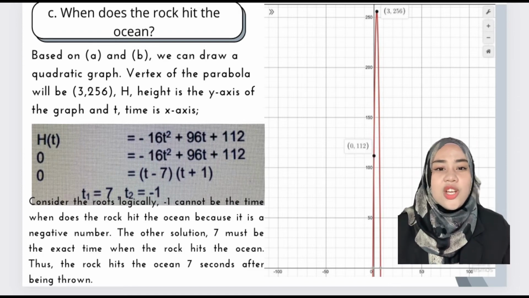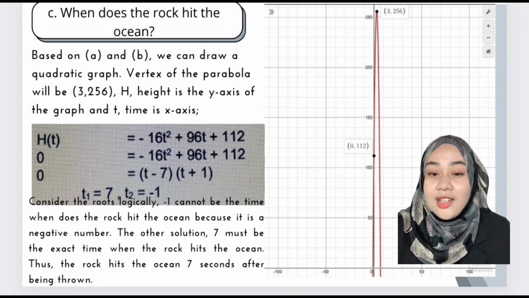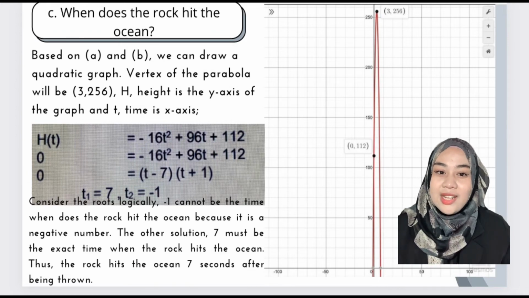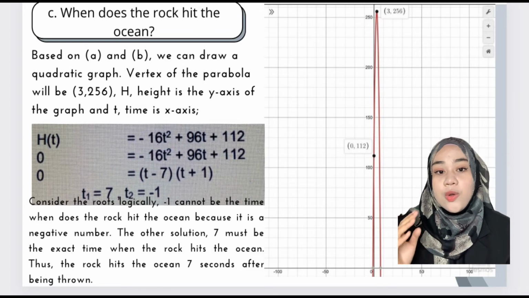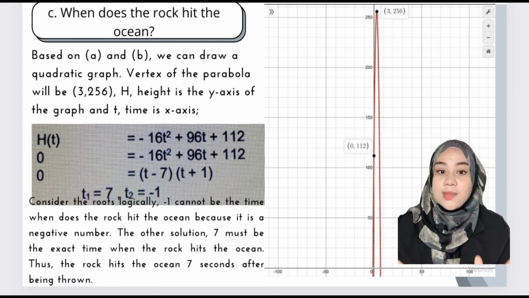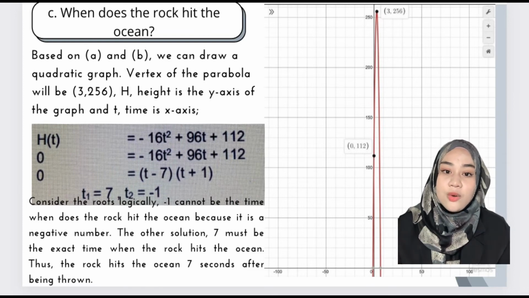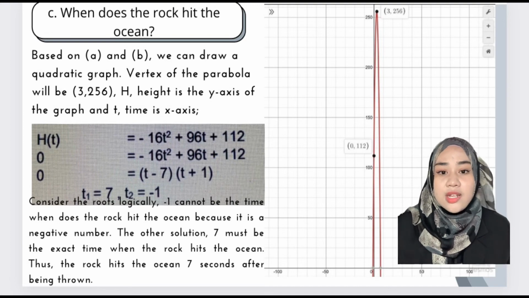Consider the roots logically. Negative 1 cannot be the time when the rock hits the ocean because it is a negative number. So the other solution, 7, must be the exact time when the rock hits the ocean. Thus, the rock hits the ocean 7 seconds after being thrown.